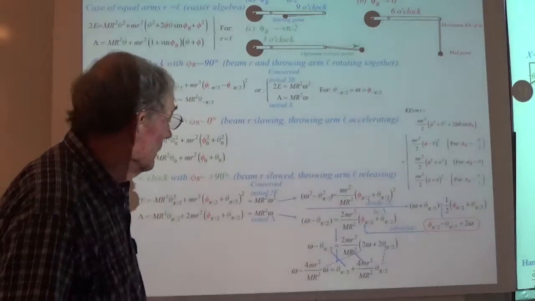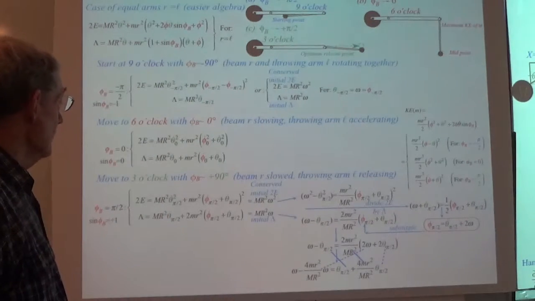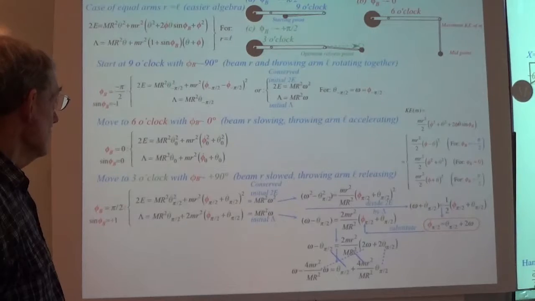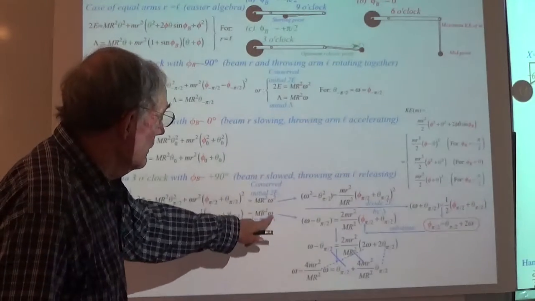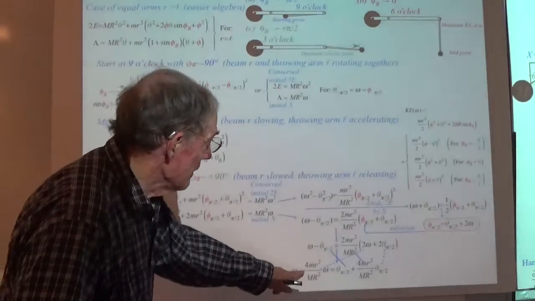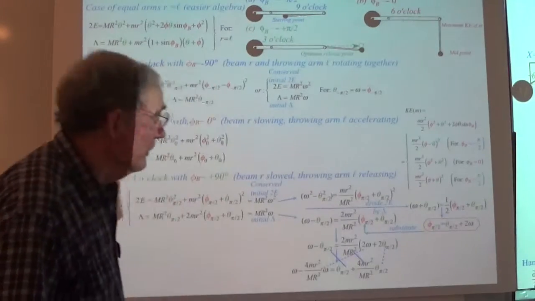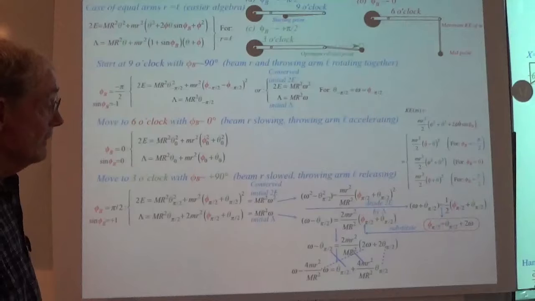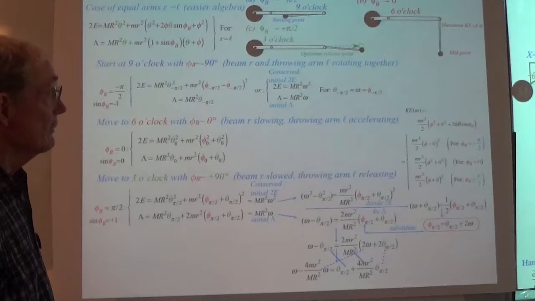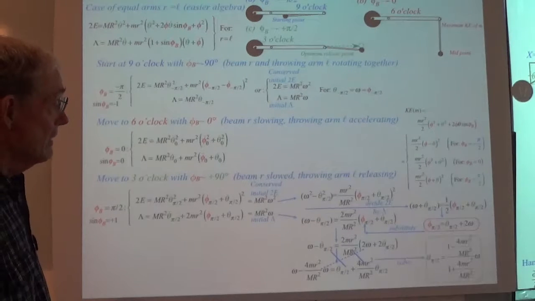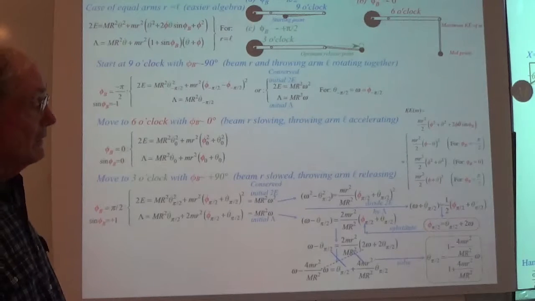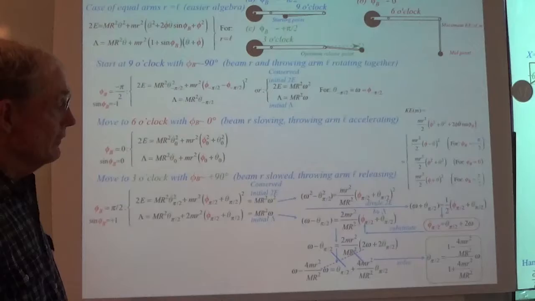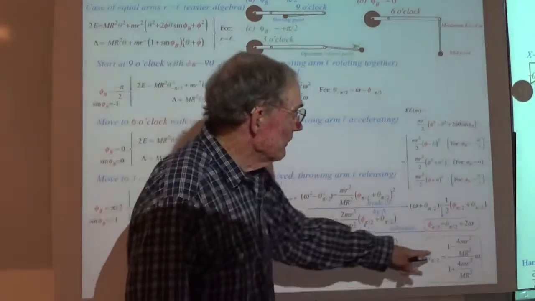So here we have, I think, theta dot is omega. So we have that expression there for theta dot at the pi over 2 place. That's at 3 o'clock, where things are going to be let go. So that gives us a theta dot at 3 o'clock that is this interesting ratio here.